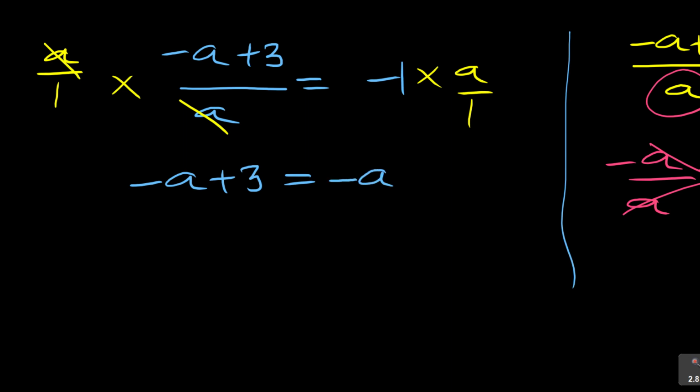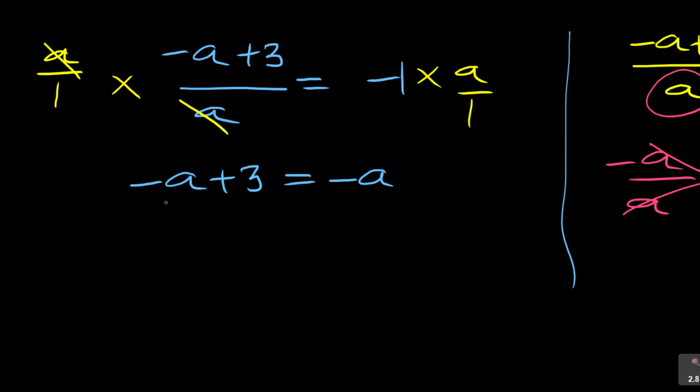Alright, I think this one was not done properly because it will be minus a. Now a goes this side, negative, positive, plus a. Actually, let me do it the other way around.